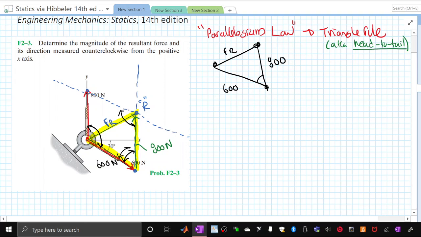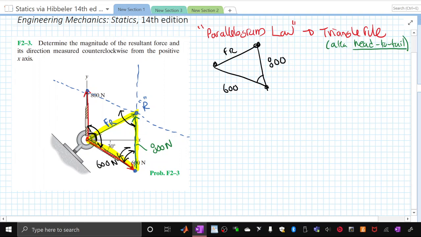Okay, so how can we do it? Well, look at this right here. This vector is acting along the y-axis, and this angle of inclination of depression is 30 degrees below the x-axis. So it forms a 90-degree angle.